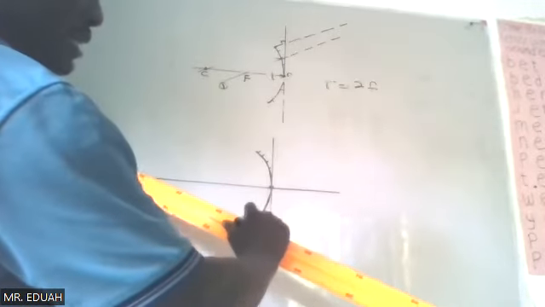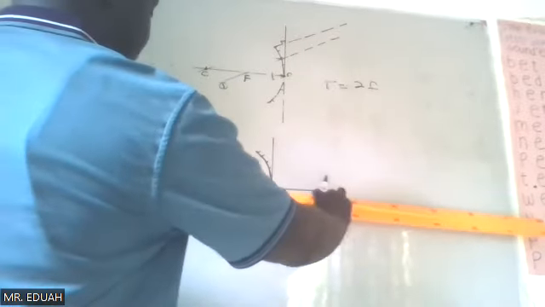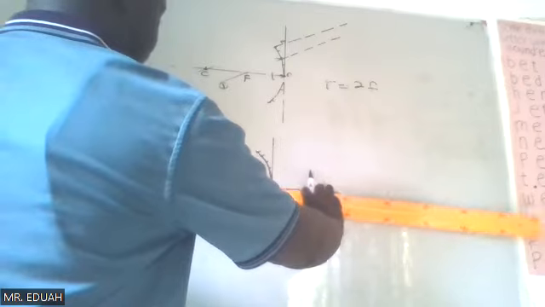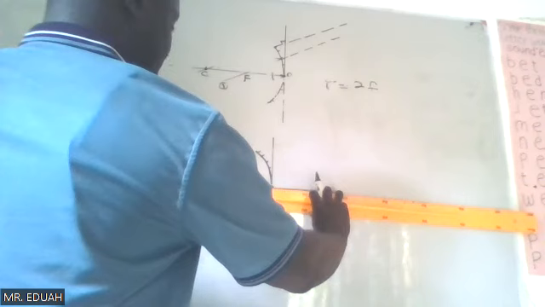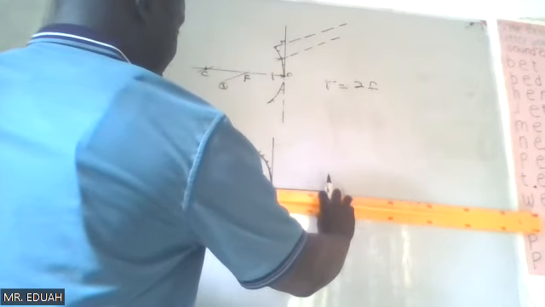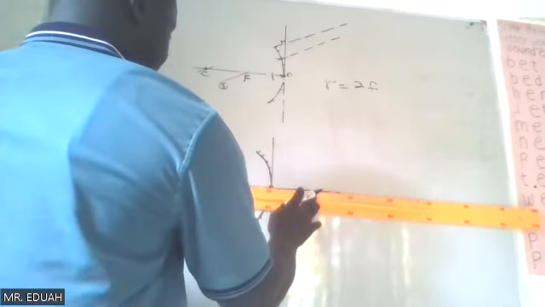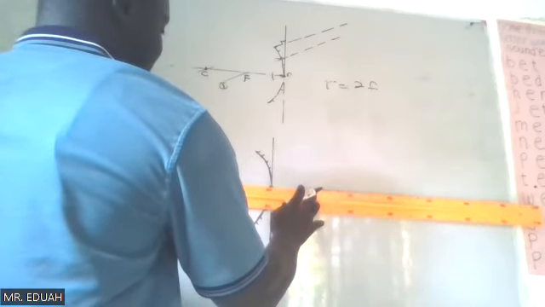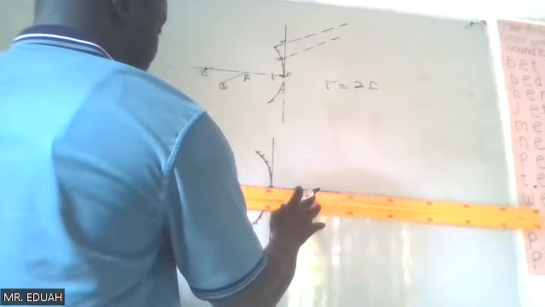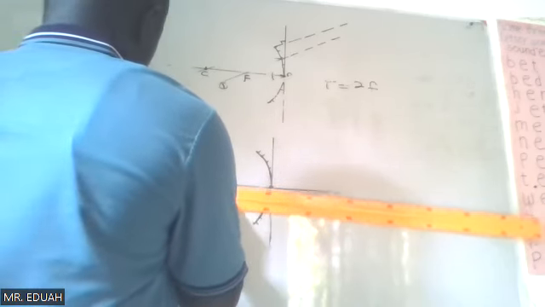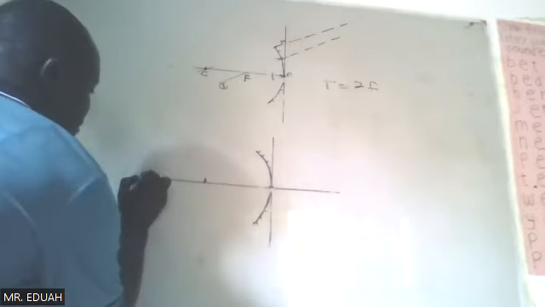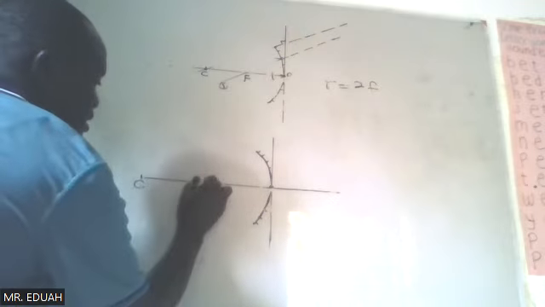So take your measurements: radius of curvature and the focal length. Maybe I want to use 15 centimeters for F, and then 30 centimeters for R. So this is 15, and so it's obvious the end will be C. So this is C, this is F.